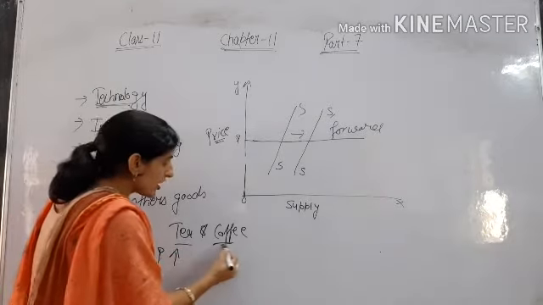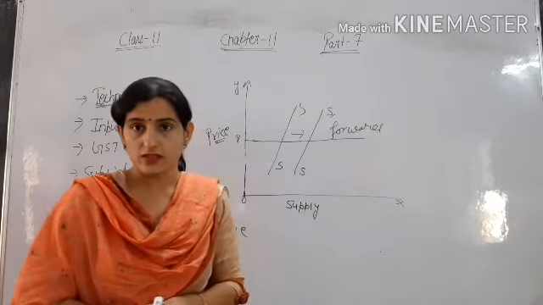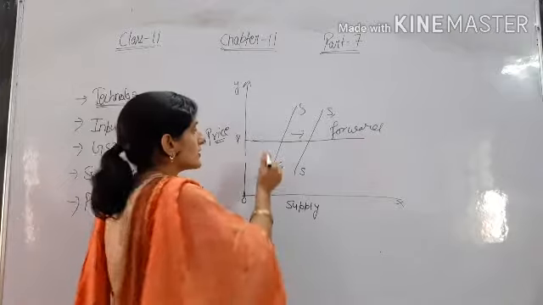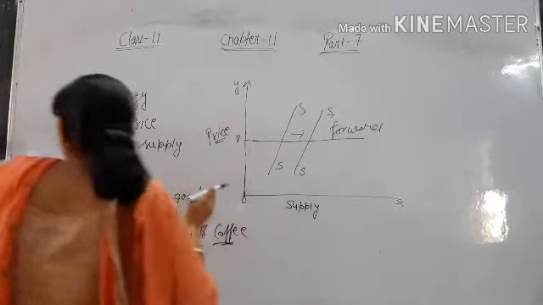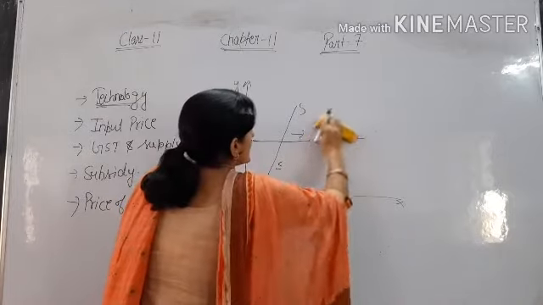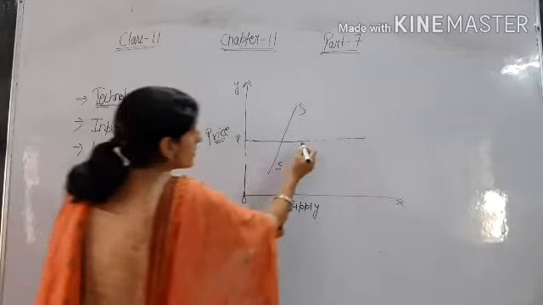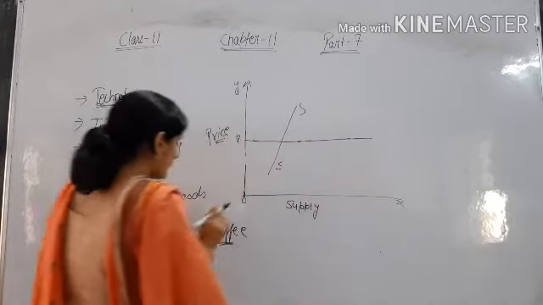then the producer of coffee will supply less at the same price. So for example, our supply curve is SS, and there is an increase in the price of tea.